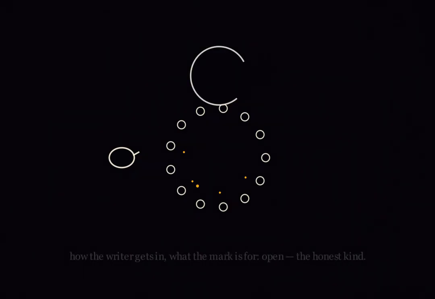And how the writer gets in and what the mark is for remain open questions, the field's own and the honest kind. In 2007, the field gave the whole arrangement a name.